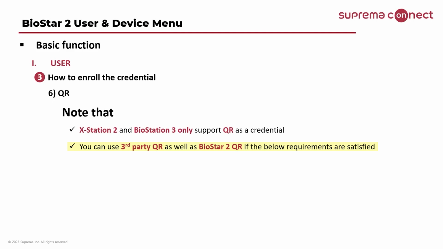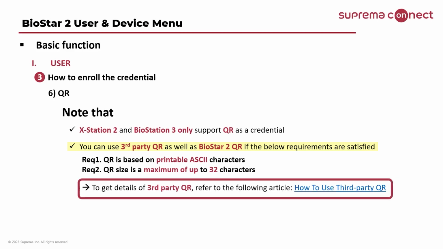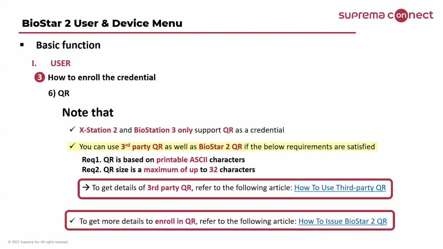The first requirement is that QR is based on printable ASCII characters. The second requirement is that QR size is a maximum of up to 32 characters. And to get details of a third-party QR, please refer to the following article. And also, if you want to get more details about enroll in QR, please refer to the following relevant article.